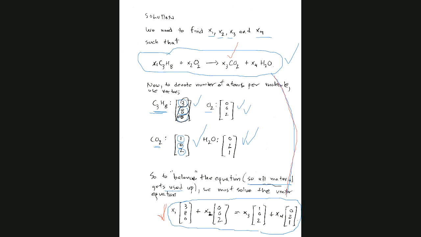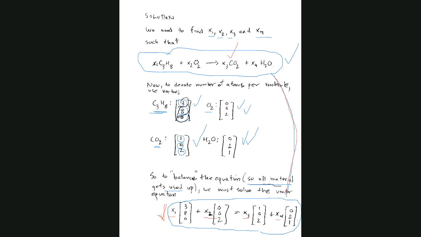We can convert it to a matrix equation, and then an augmented matrix, and it will indeed be a homogeneous system of equations. So we need to solve for x1, x2, x3, and x4.